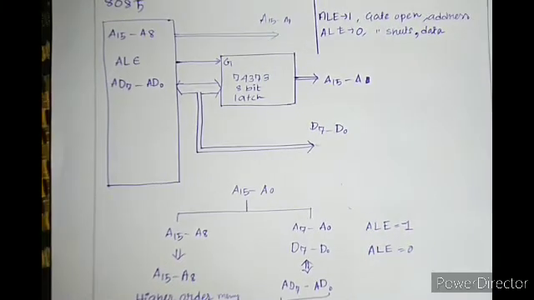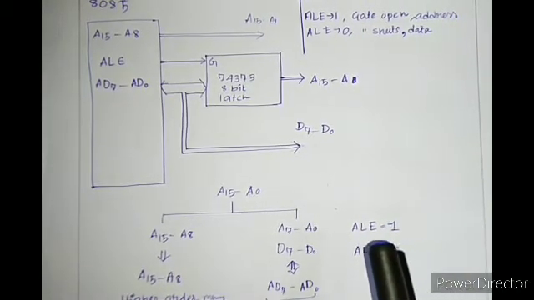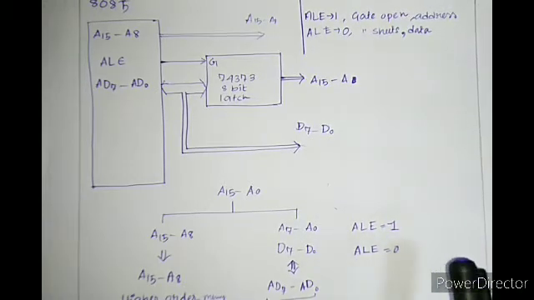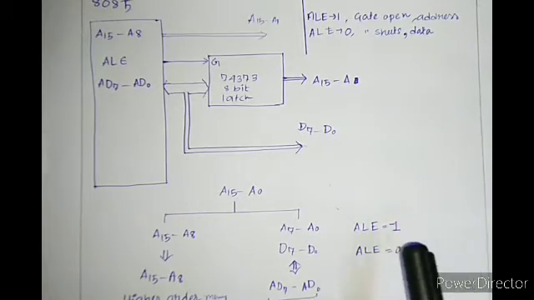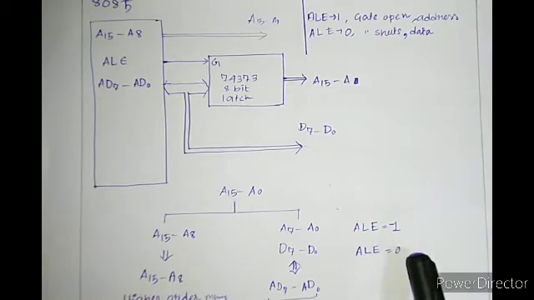So how can we understand whether it's address or data? This can be identified by using ALE, address latch enable. When ALE is 1, the buses are carrying address, and when ALE is 0, the buses are carrying data.